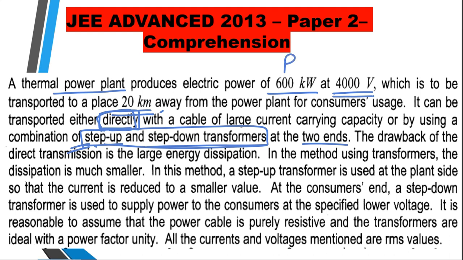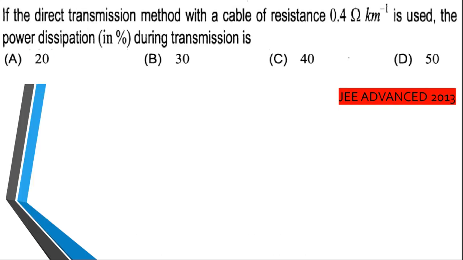The power generated is 600 kilowatt. The voltage at which the power is being generated is 4000, and the distance is 20 kilometer.